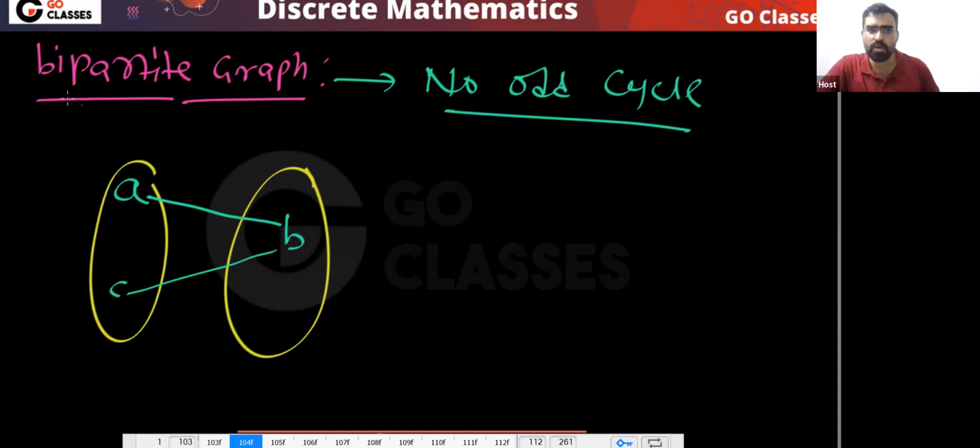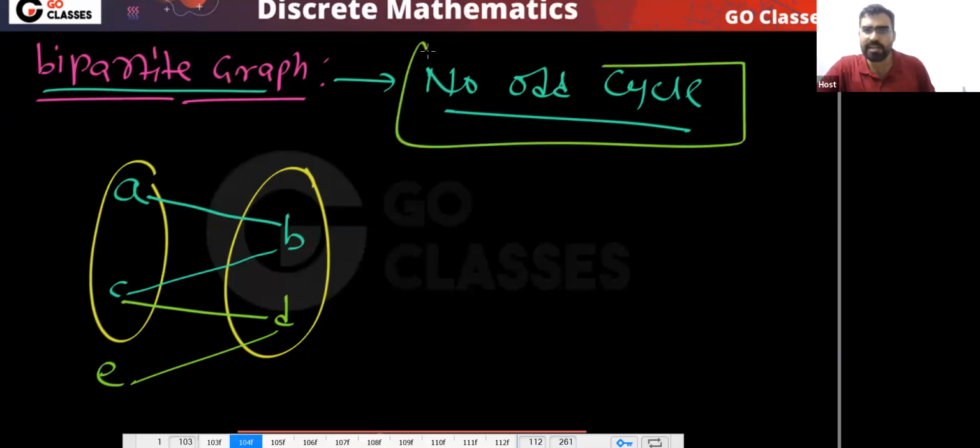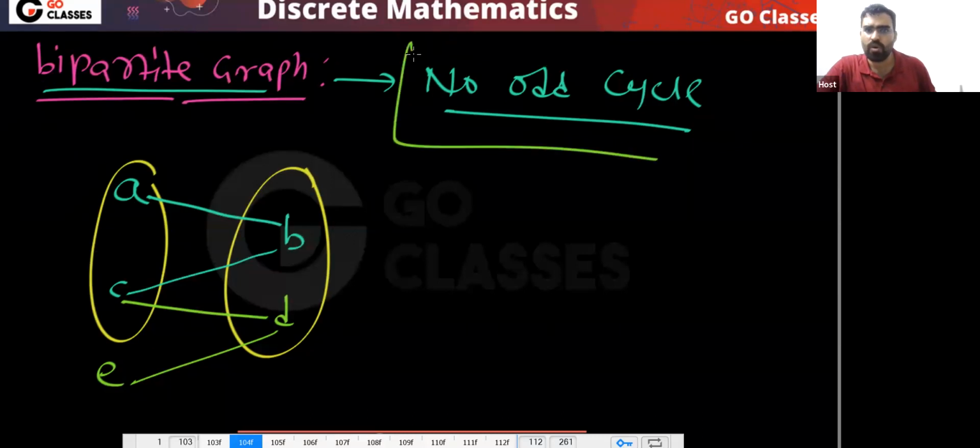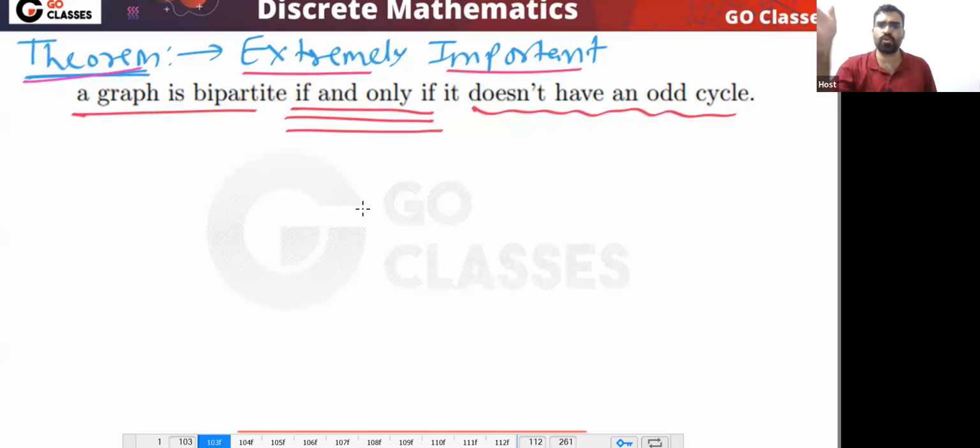No, because I have a bipartite graph, I cannot create a cycle of length 3. Let me create a cycle of length 5. Can I create a cycle of length 5? No, I cannot. So in a bipartite graph, you cannot create an odd cycle. If your graph is bipartite, you cannot create an odd cycle.